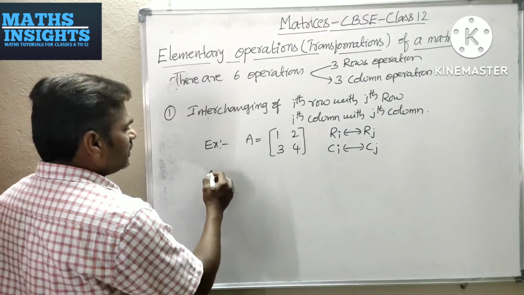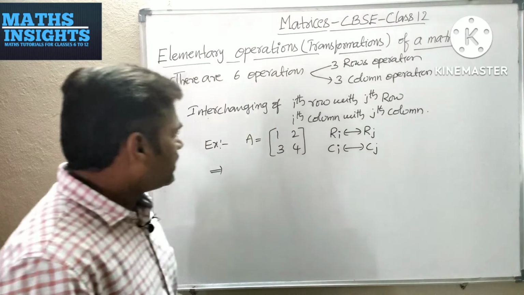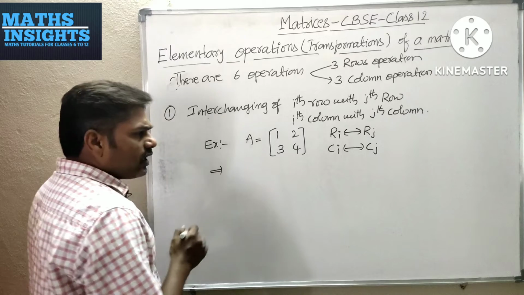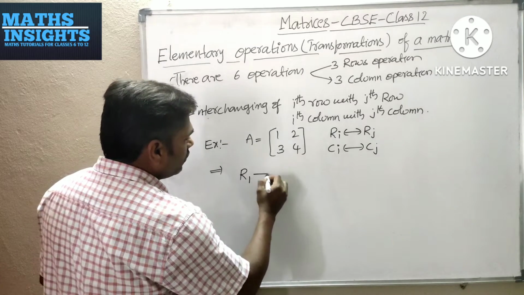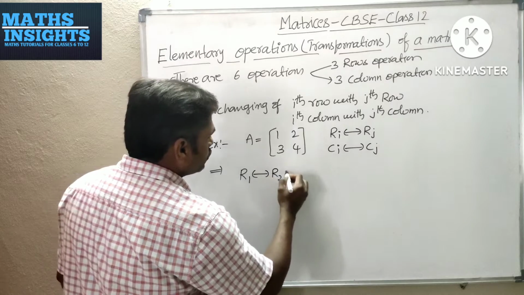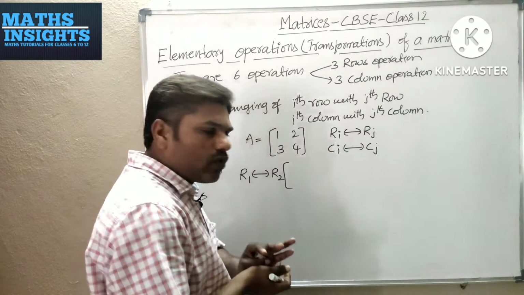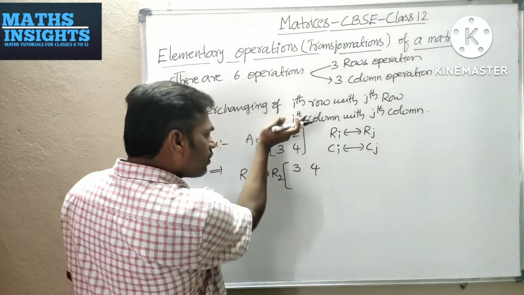By taking an example, it will become clear very easily. Here I want to interchange R1 and R2, so I may write R1 double implies R2.